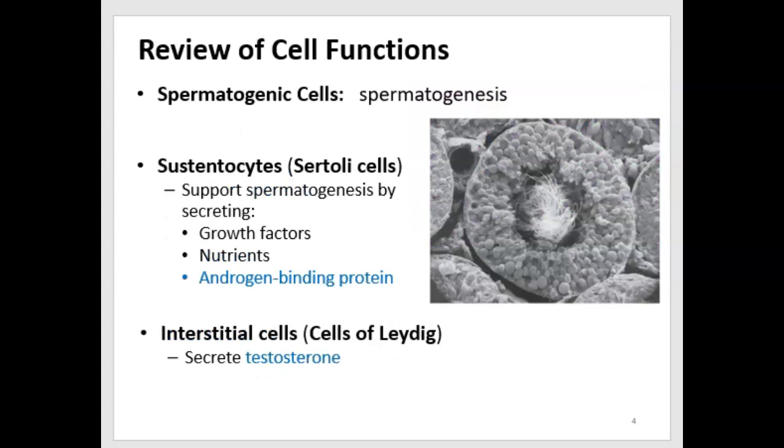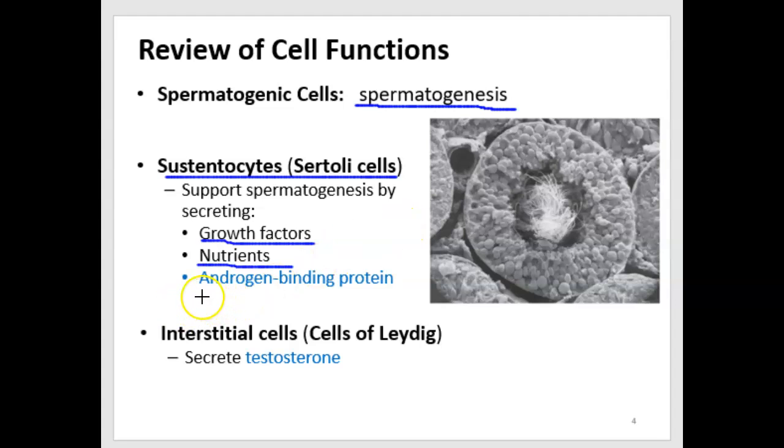So now let's talk about the functions of those cells. You already know all the spermatogenic cells are undergoing spermatogenesis. We're making sperm with them. And the cystenocytes, or Sertoli cells, support this process by making growth factors, which cause growth of cells, and nutrients needed for the ATP production that's needed during spermatogenesis.